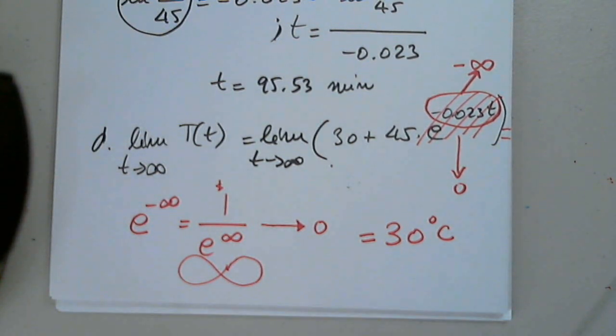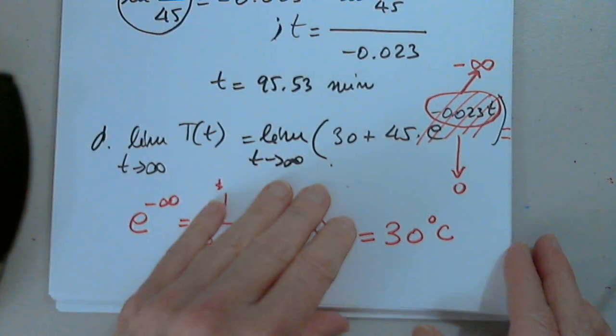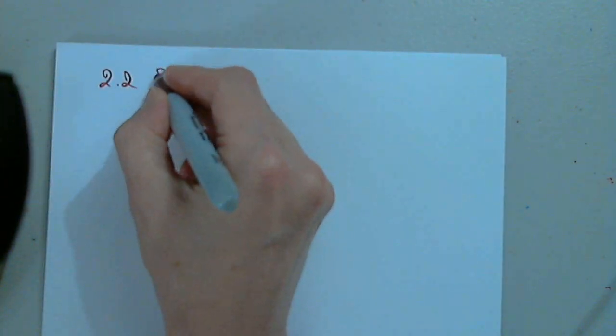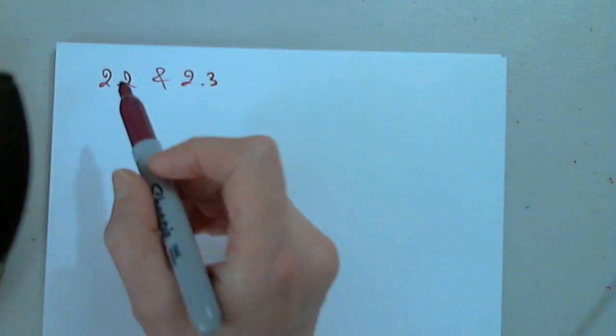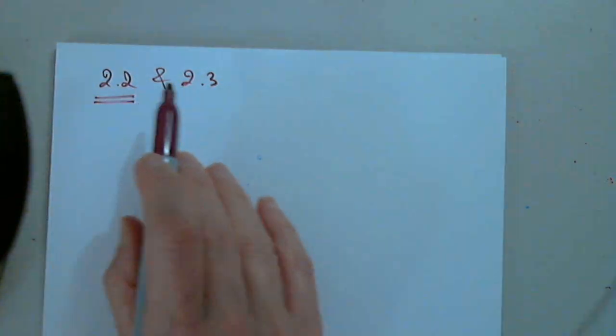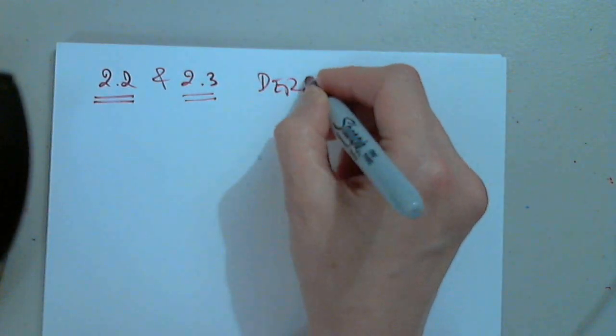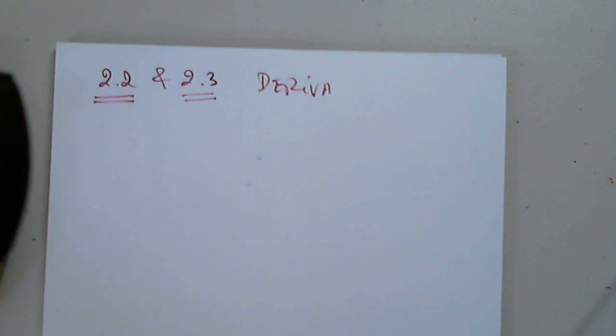Okay. In that case, I would like us to continue with, finally, some calculus with these functions. So we're going to look at 2.2 and 2.3 together. So of course, this is the derivative of exponentials, and this is the derivative of logs. So derivatives, and which page am I on so I don't mess it up? 4.